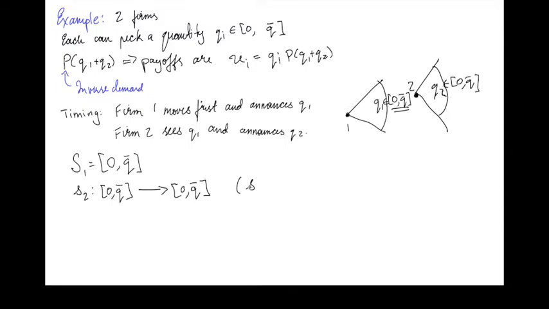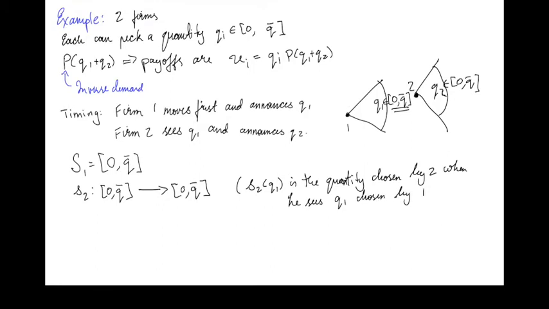So S2 of Q1 is the quantity chosen by 2 when he sees Q1 chosen by 1.